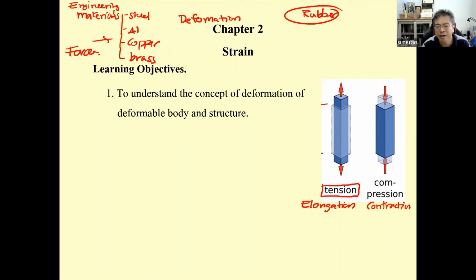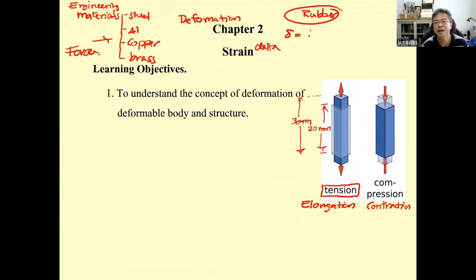So before I apply the force, the length here is 20 millimeters. After I apply the force, the length changes to 30 millimeters. For the deformation, we use delta.